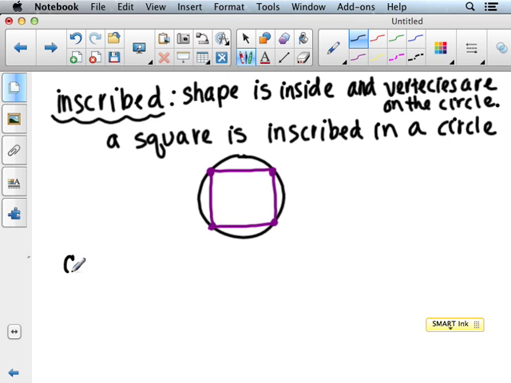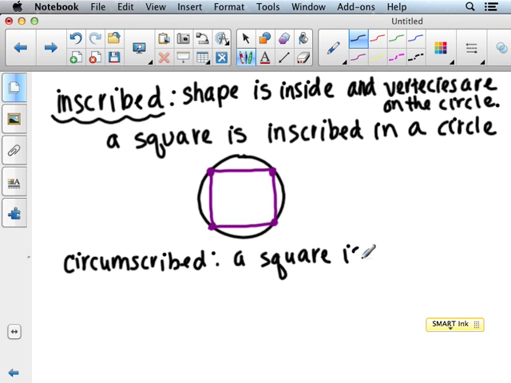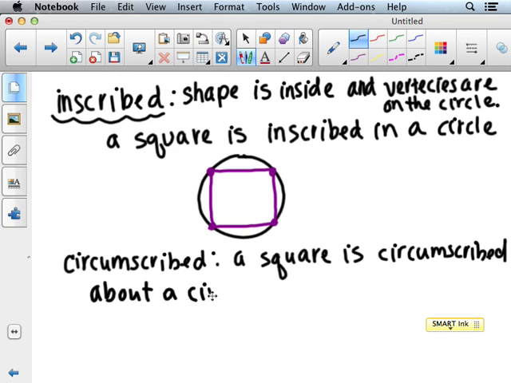Circumscribed. So I could say that a square is circumscribed about a circle, and this means that the square is outside the circle and that the circle touches the edges of the square.